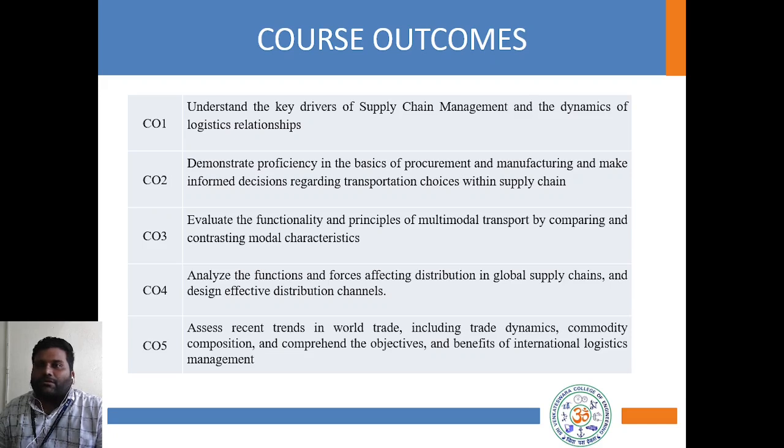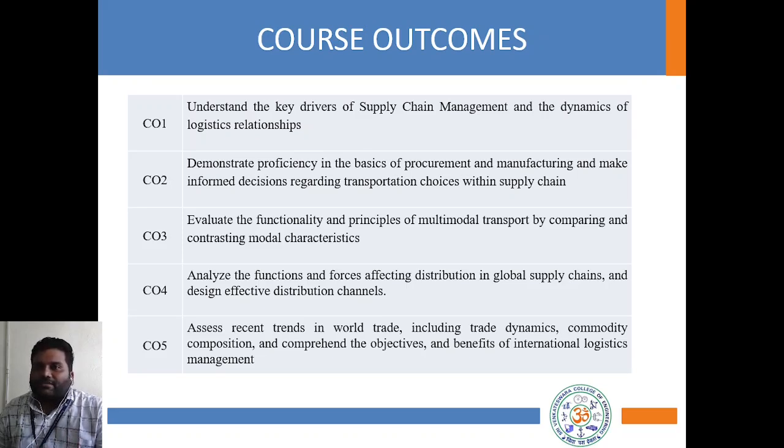Then we will look into the course outcomes. It is based on those five units. First is the key drivers of supply chain management dynamics. It's basically an introduction about logistics, supply chain, and the types of logistics. It's quite a small unit only.